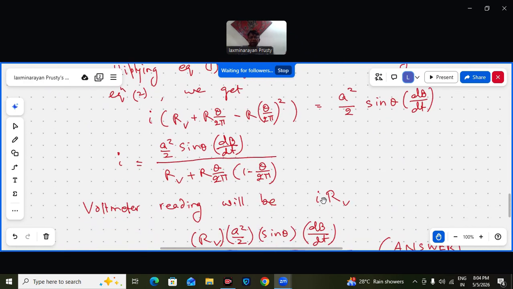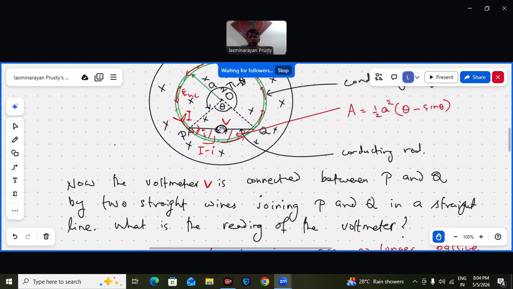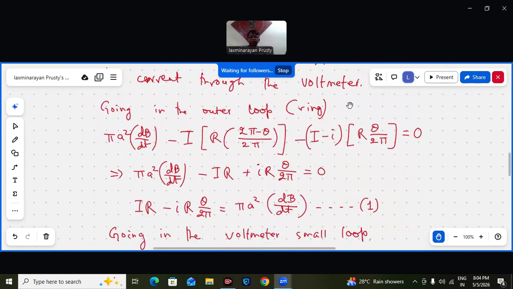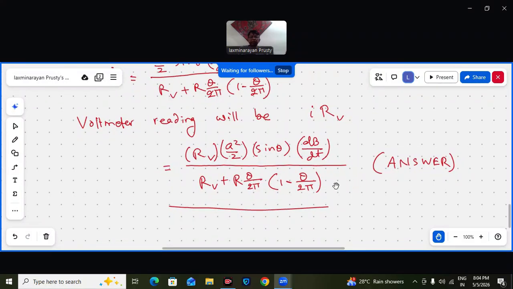So what is the voltmeter reading? Small i into RV. Small i into RV is the potential difference across the voltmeter, that is the reading of the voltmeter. That's it. The values of RV, capital R, radius, theta, and rate of change of magnetic field are given.